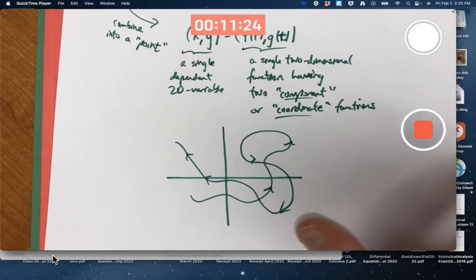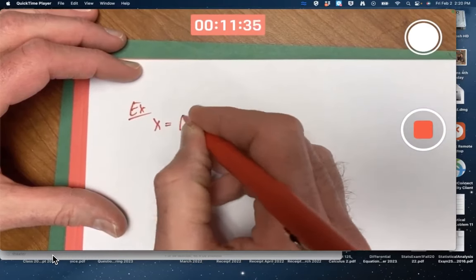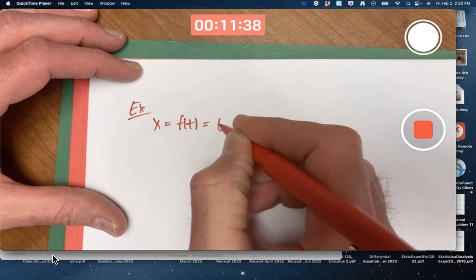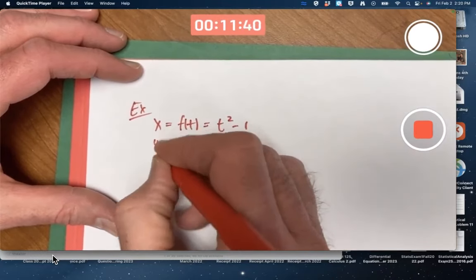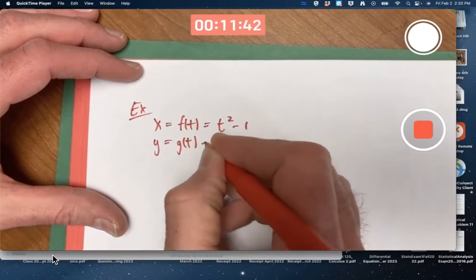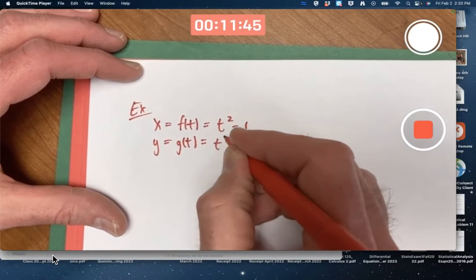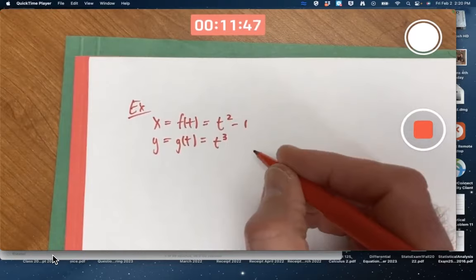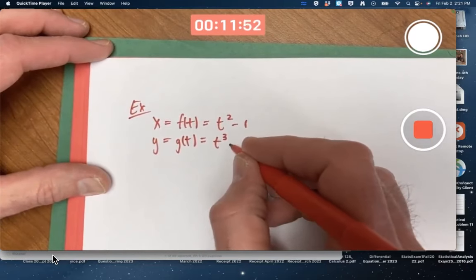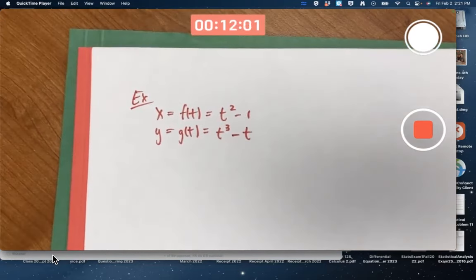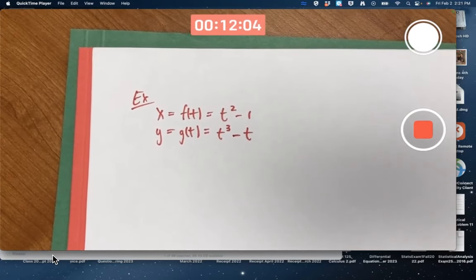Let's take an example. Let x equal f of t be t squared minus 1, and y equal g of t be t cubed. Actually, I'm going to do t cubed minus t. First thing we want to understand is how to plot this curve even by hand. If you're going to do it by hand, which is worthwhile to do, we should make a table to plot points.